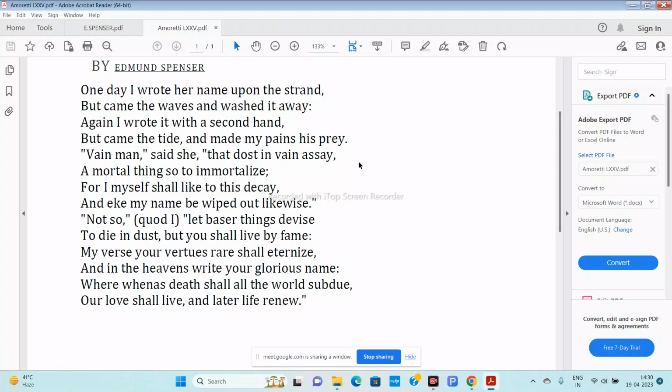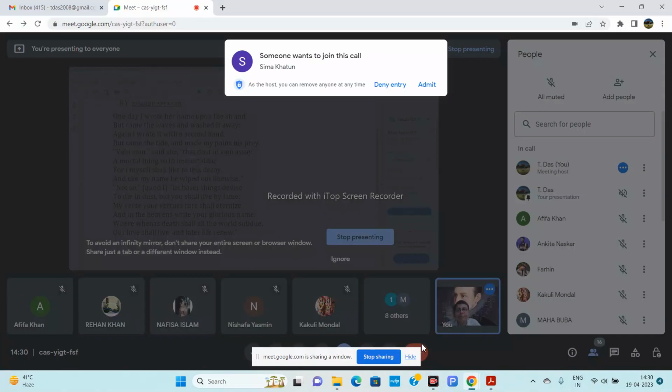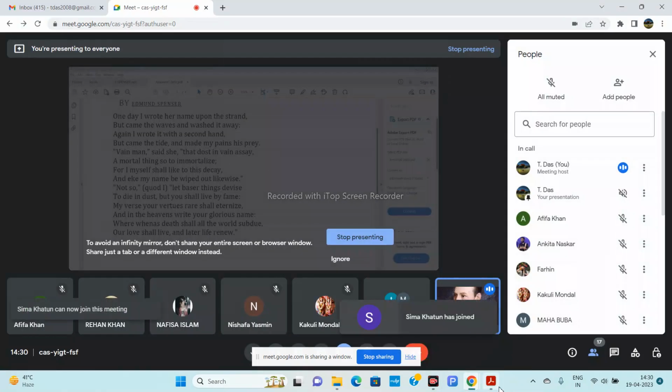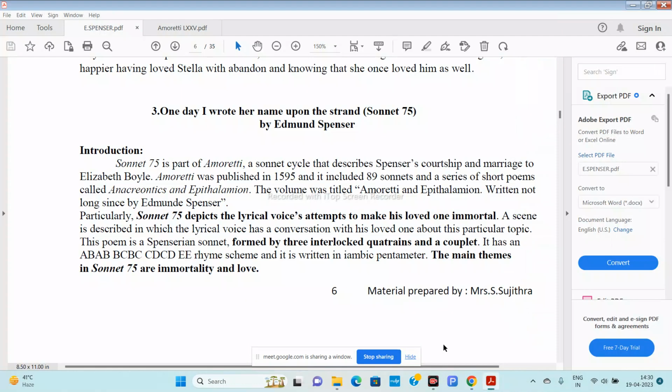So that is his wish, or his effort, how he wants to preserve the name and fame of his beloved through his verse, through poetry. So the power of poetry and the power of love will triumph over the passage of time and death. So this is the poem, and it is a simple poem, as you can see.